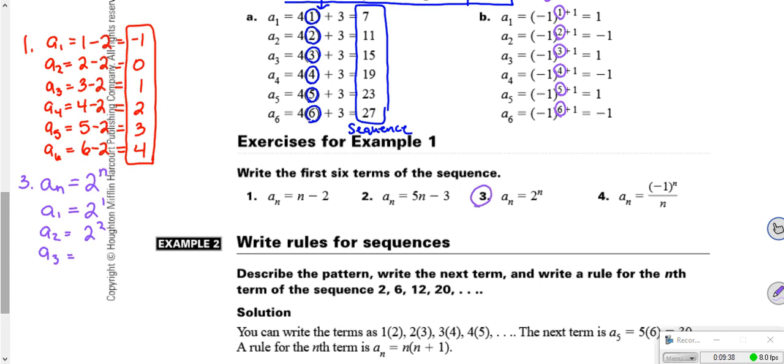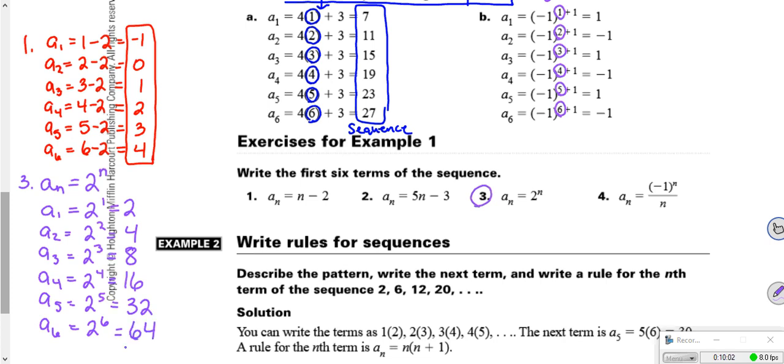The third term is 2 cubed. Fourth term is 2 to the fourth. Fifth term is 2 to the fifth. Sixth term is 2 to the sixth. So this gives me 2, 4, 8, 16, 32, 64. These are the first 6 terms of the sequence.